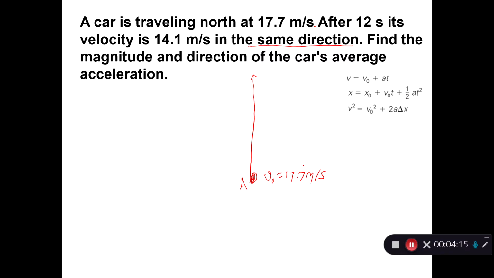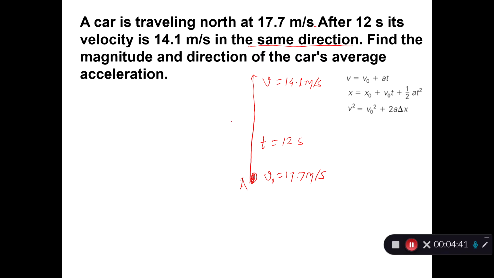I'm taking north as positive, so v naught is also positive. It travels for 12 seconds, and after 12 seconds its velocity is v, which becomes 14.1 meters per second. It is in the same direction, along north, so it's also positive.